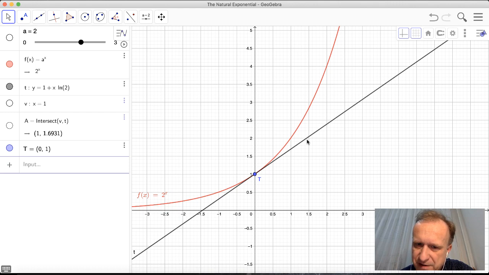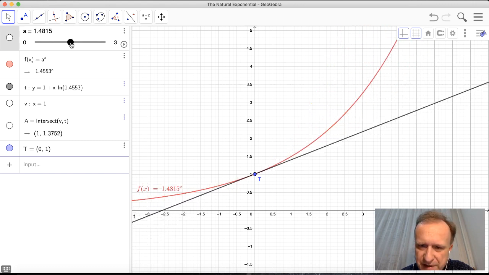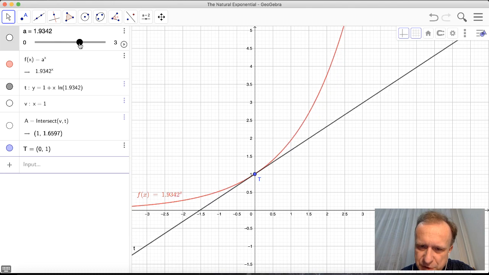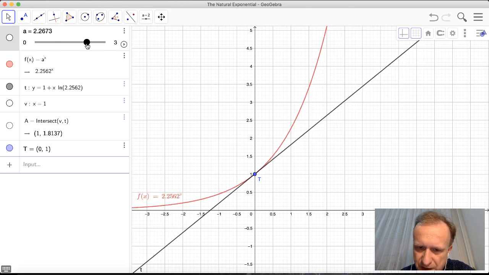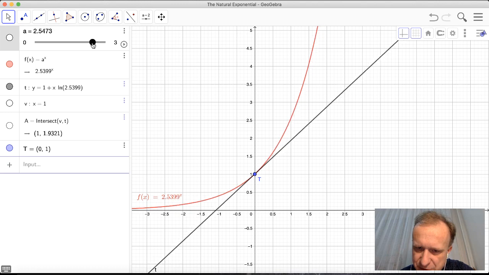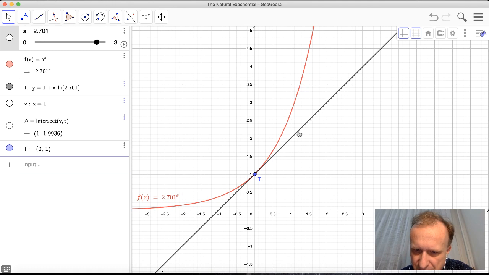The gradient of this line is a little bit less than 1. Okay, so if I change the base of the exponential function, also the tangent changes, and what I can try is to find exactly such a base which results in the tangent passing through this point with coordinates 1 and 2.